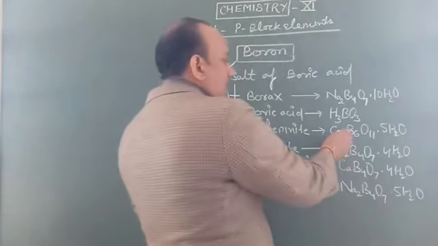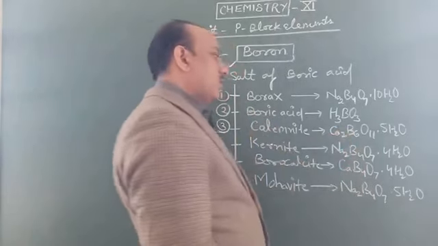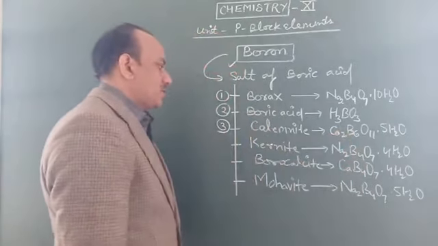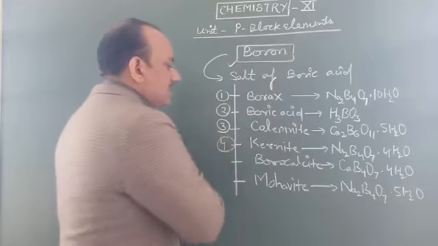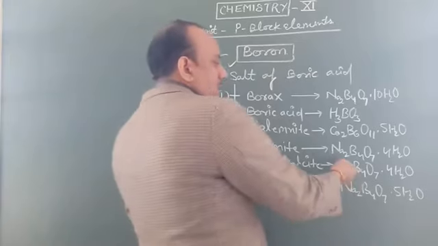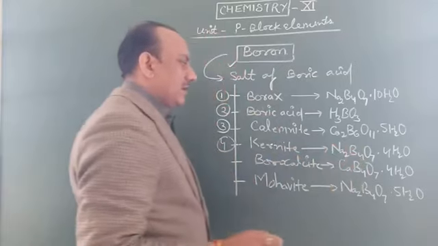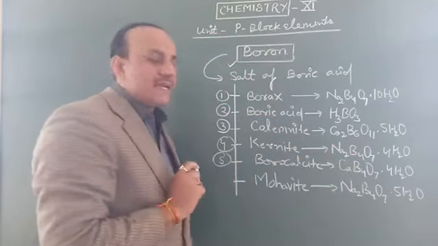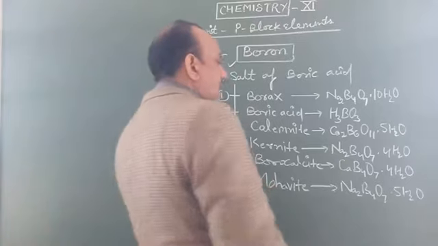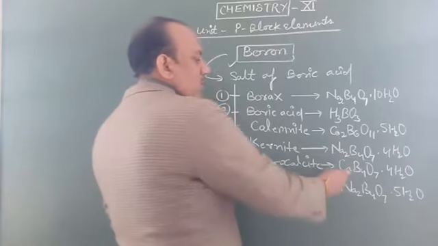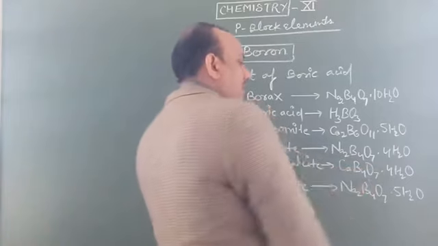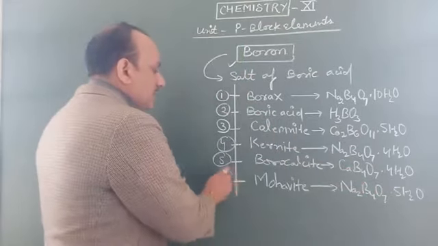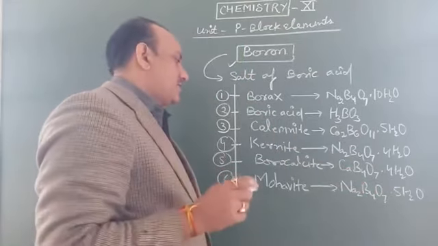Its formula is Ca2B6O11·5H2O. Fourth one is kernite, Na2B4O7·4H2O. Then fifth one is borocalcite. It is the calcium ore of boron, CaB4O7·4H2O. Now sixth one, the mineral.